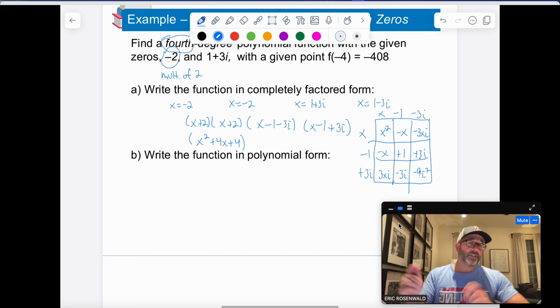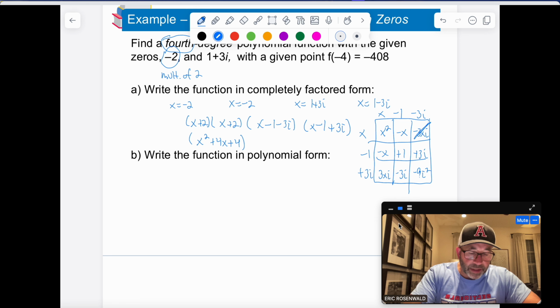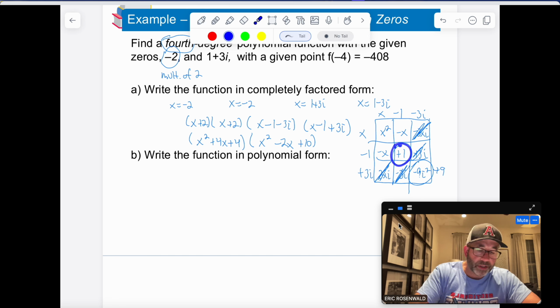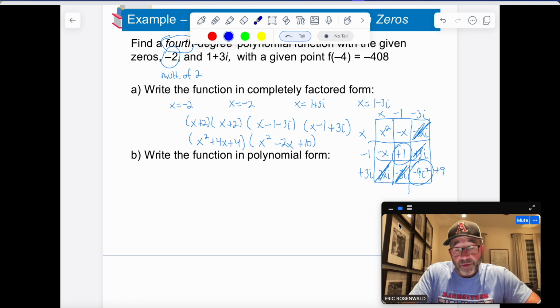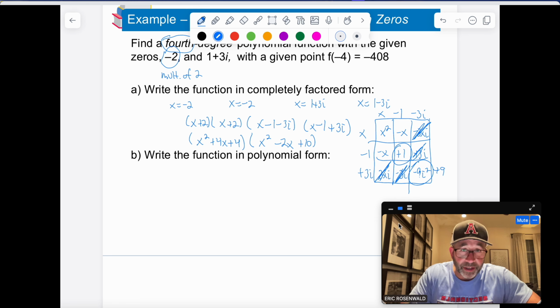A bunch of stuff is going to get rid of itself. Negative 3xi and positive 3xi cancel. Positive 3i and negative 3i cancel. That negative 9i squared is going to turn into just a positive 9. And so we end up with x squared minus 2x plus 10. Again, that 10 comes from the 1 that's here and the 9 right there. So that's our 10.